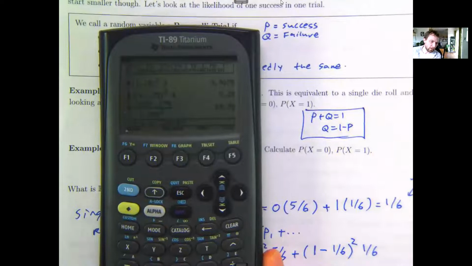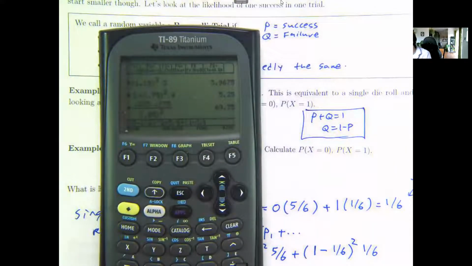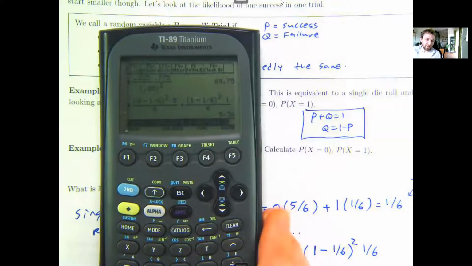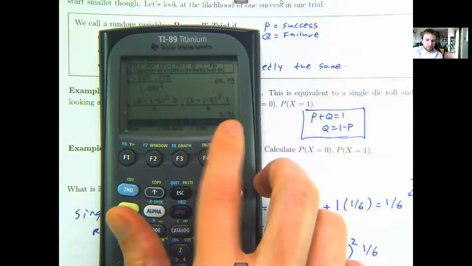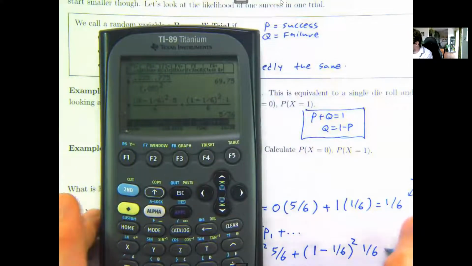And then I've got for the next probability, 1 minus 1/6 squared times 1/6. And my TI-89 does something a little bit weird. It puts that into a fraction. It gave me 5 out of 36. Okay.